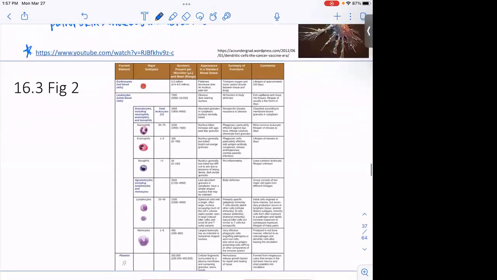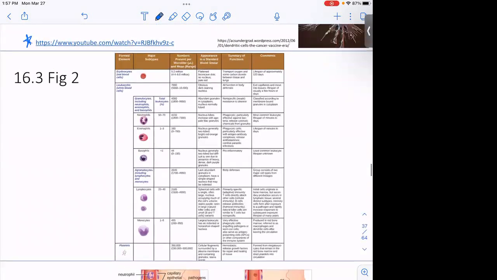All right, and then the figure in your book that runs through all those different kinds of formed elements in the blood, their major job. It leaves some of them out, like mast cells, we're not going to worry about that. But again, just their major function. Don't worry so much about the numbers present. We talked about relative abundance.